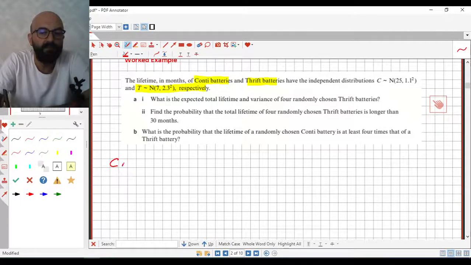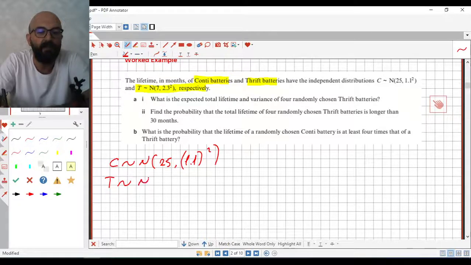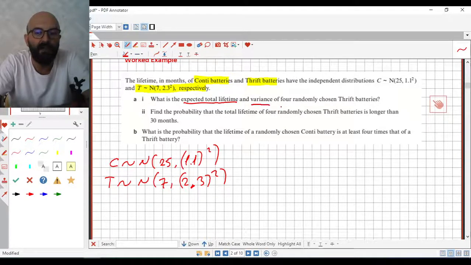For Conti batteries, the normal distribution is 25 and 1.1 squared. For Tift batteries, the normal distribution is 7 and 2.3 squared, respectively. What is the expected total lifetime and variance for randomly chosen Tift batteries?